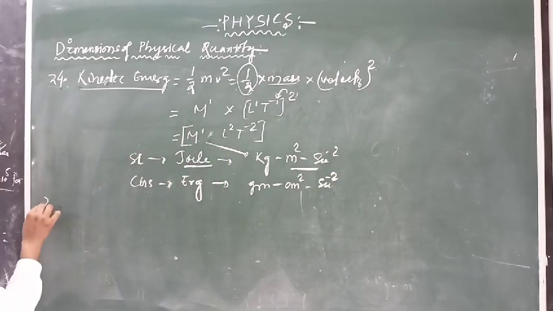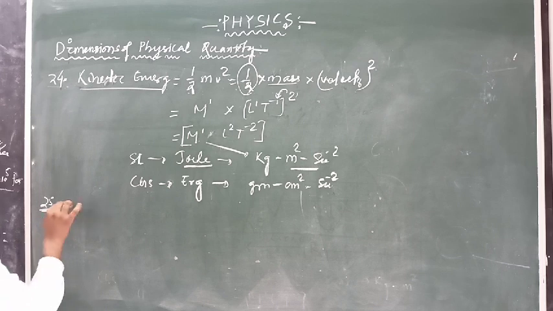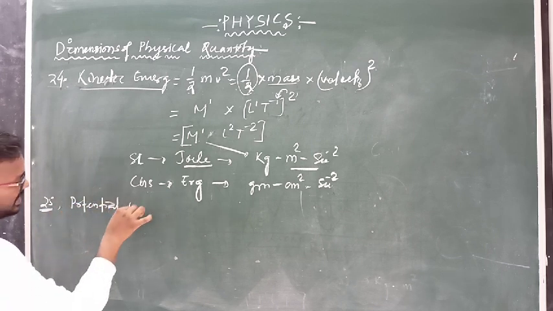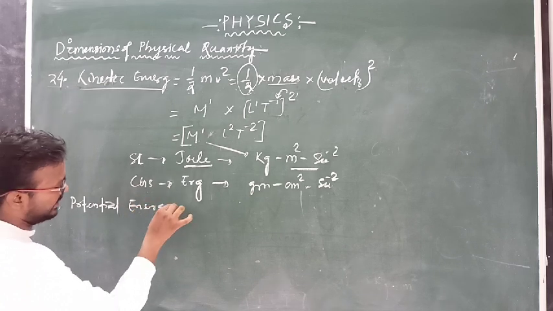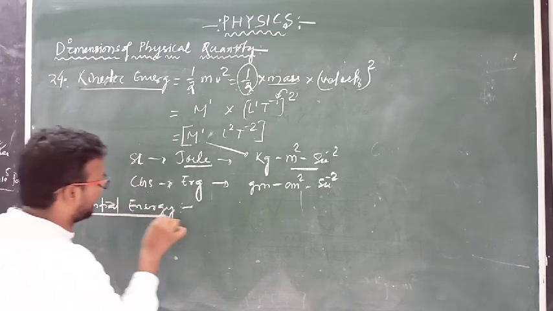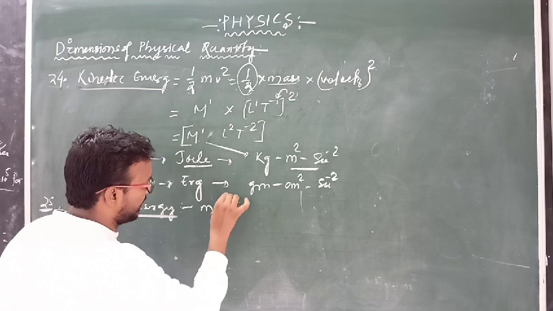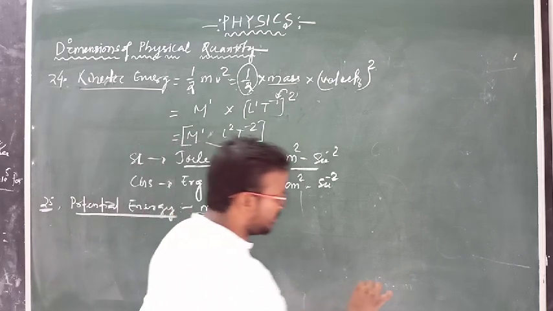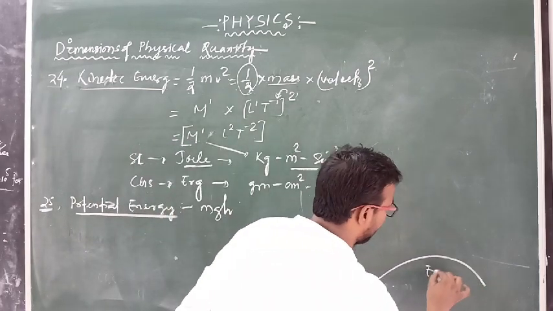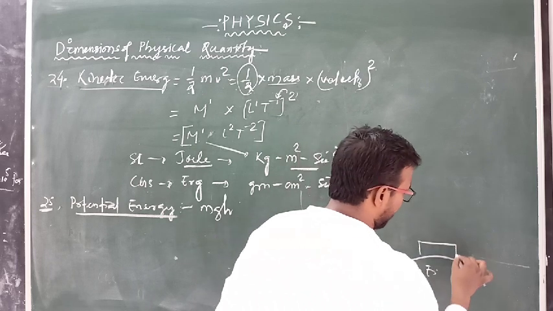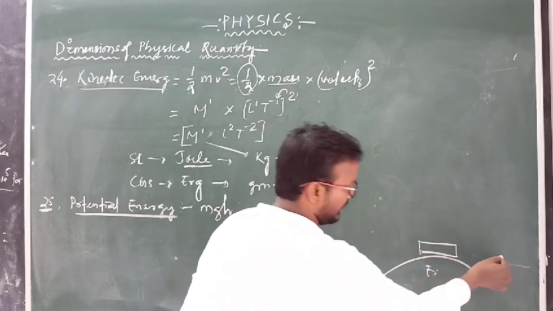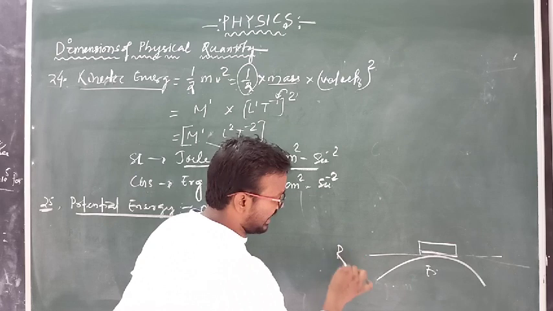Clear? Same way you can find the dimensional formula of potential energy. And what is potential energy? Its formula we already know, that is mgh. Suppose this is the surface of earth and there is a body or any block, and we have to choose a reference line here.